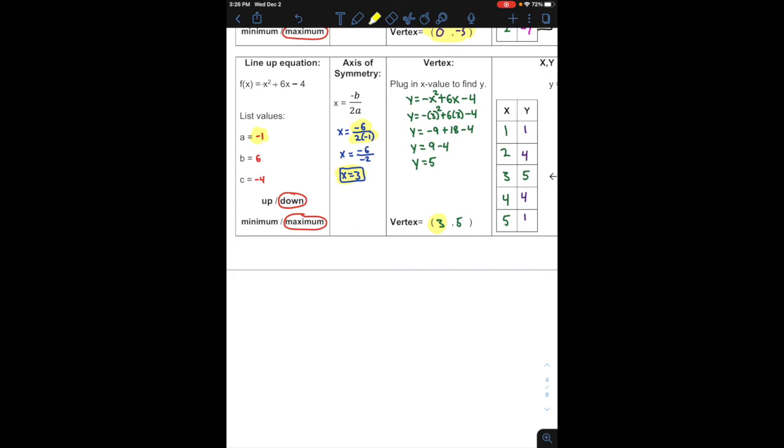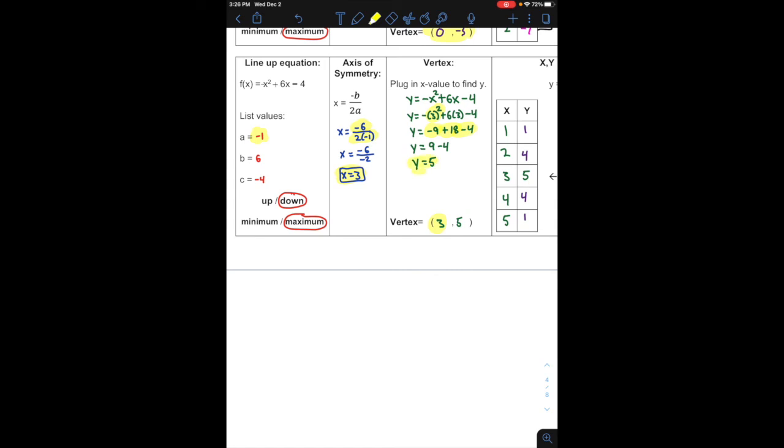This is usually where common mistakes come in. Make sure you're using the order of operations, and when you're evaluating for the y value, make sure you're using the exponent first and then multiplying by the negative on the outside. So we're going to get negative 9 plus 18 minus 4, which will give us the y value of 5.